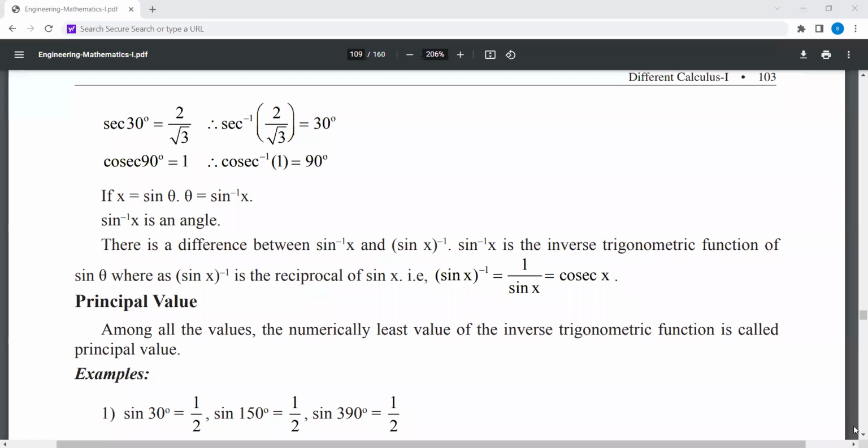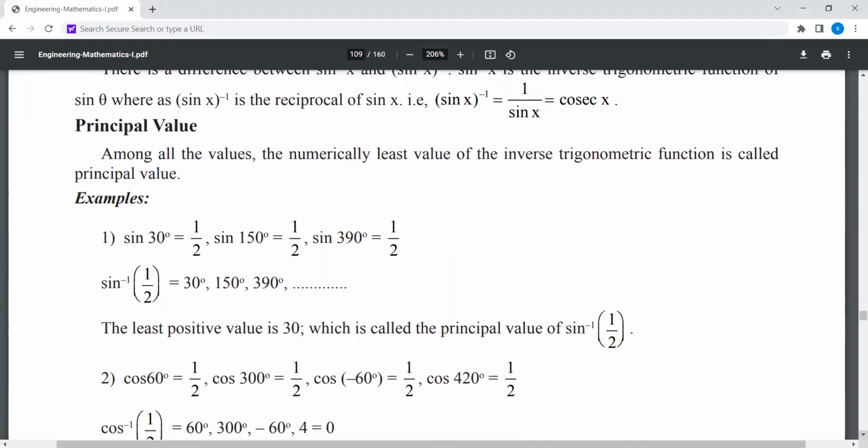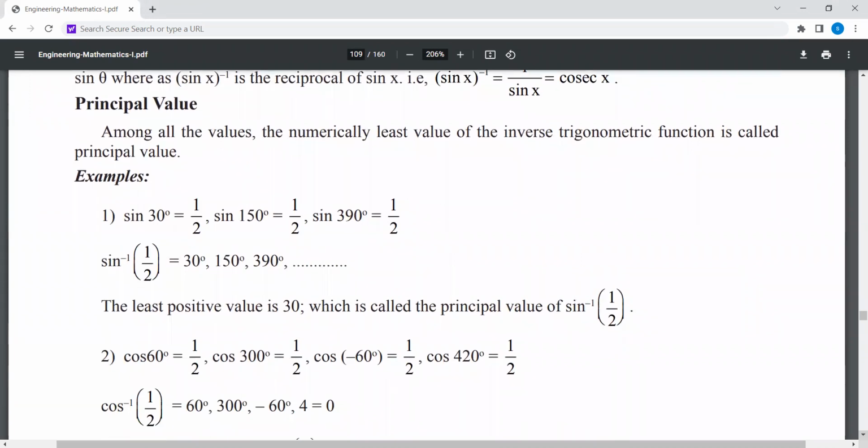Next, what do you mean by principal value? This is an important concept.